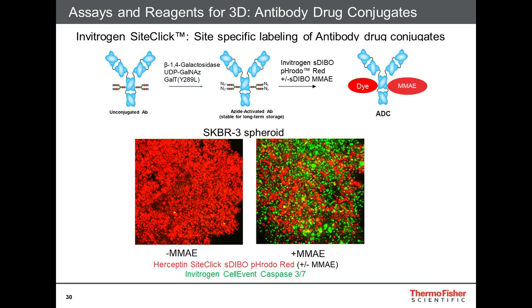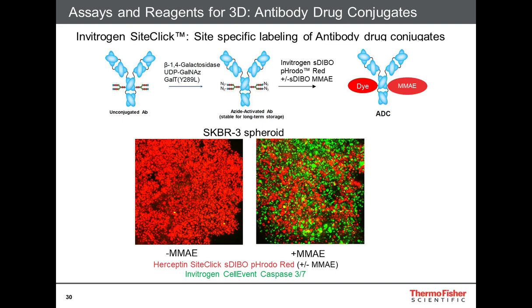And so we can use the same antibody, say Herceptin, and use a kit called the Invitrogen Site-Click antibody labeling kit that allows us to site-specifically label antibodies with either a dye or a drug on a conserved region of the antibody FC domain. So essentially, we'll follow the protocol of this kit to site-specifically attach either a dye or a drug to this carbohydrate domain on our antibody.